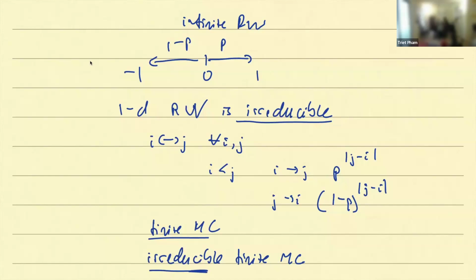In a finite Markov chain, we said that at least one state is recurrent, meaning not all states can be transient.